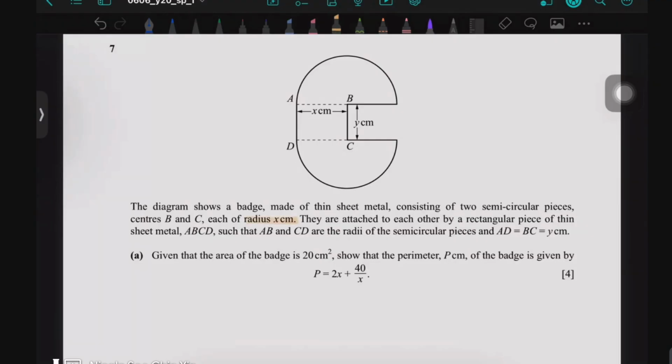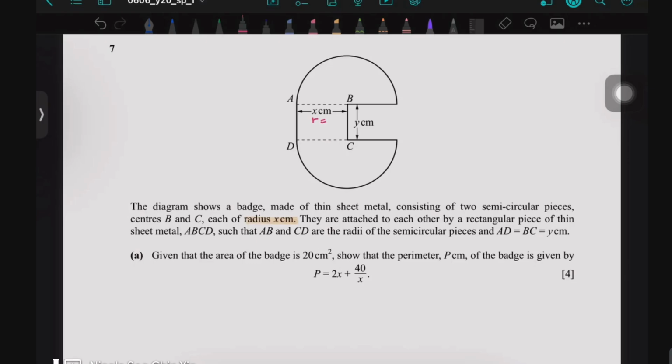Usually I will just write all these down in my diagram. They attach to each other with thin rectangular pieces A, B, C, D. A, B, C, D are their radii. Radii means radius, plural. We will have AD and BC equal to y. They will be the same.